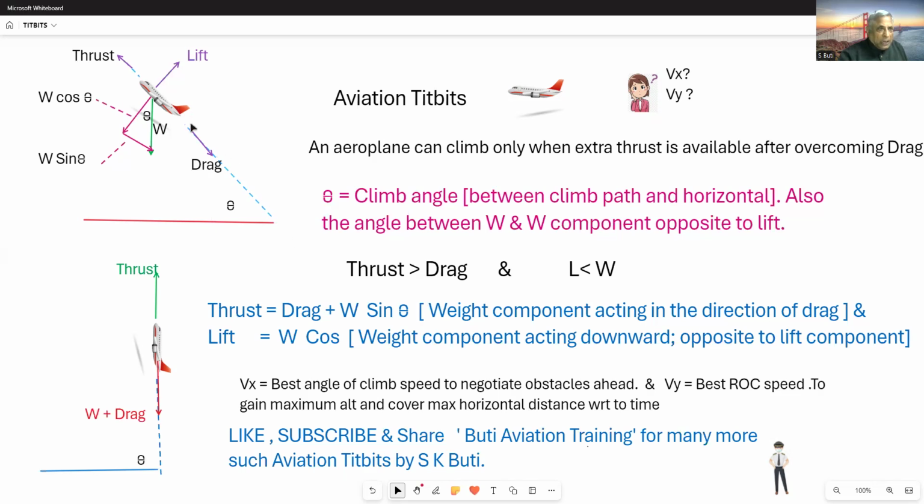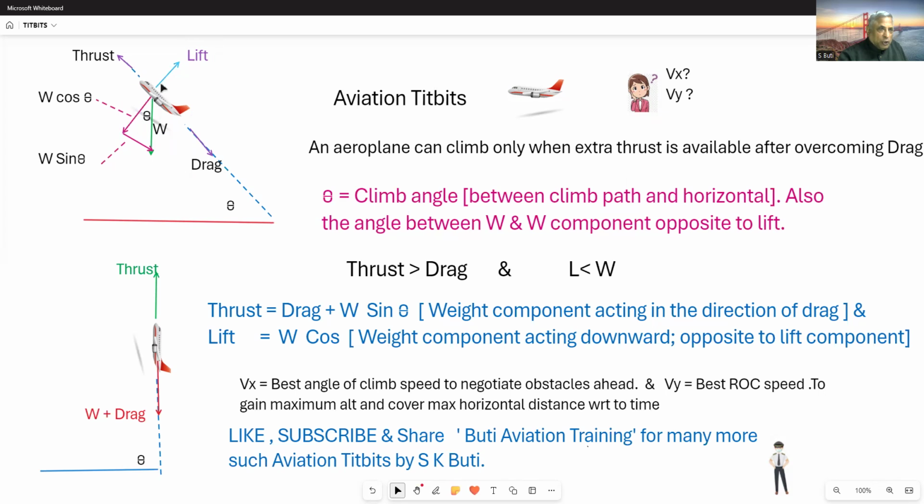Now, during the climb, the weight starts shifting backwards towards drag, right? The total weight, the resultant weight, gets divided in two parts. One is the part opposite to the lift.